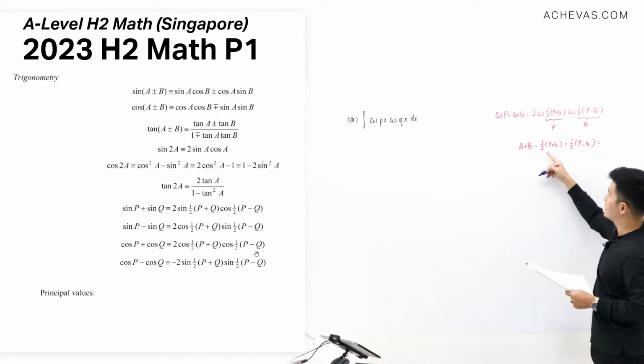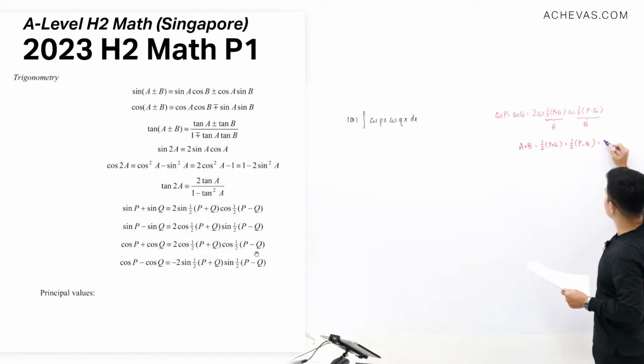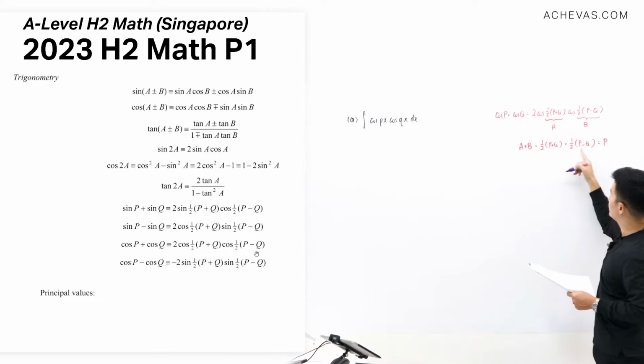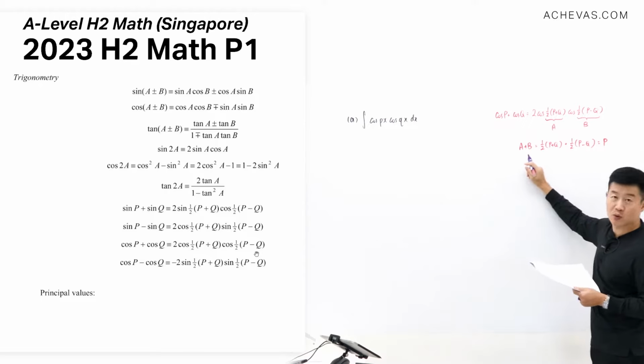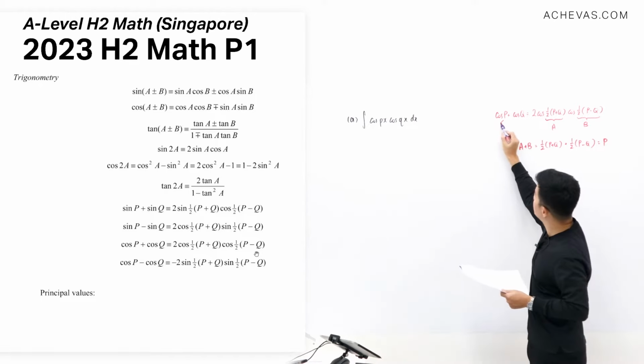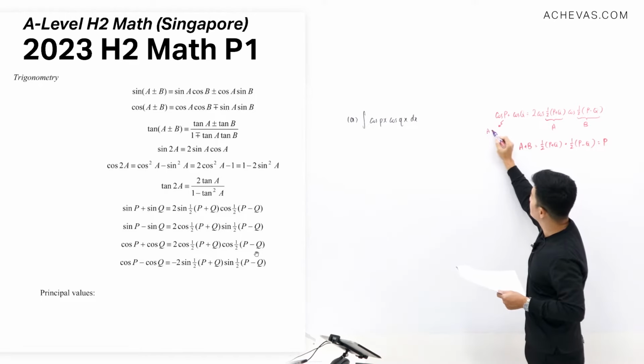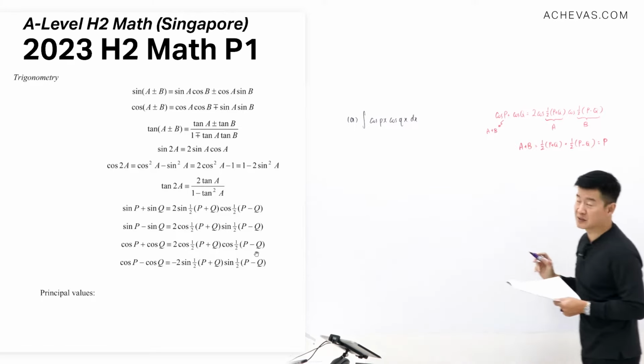And what we will be getting is half p plus half p, which is going to be equal to p, then half q minus half q, which will be 0. So p is equal to A plus B. And that means this is actually A plus B.